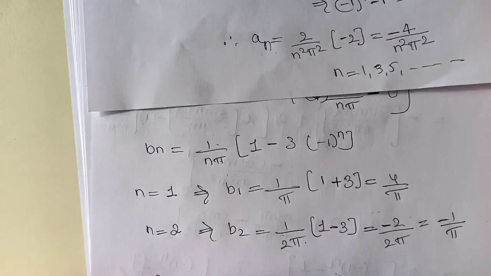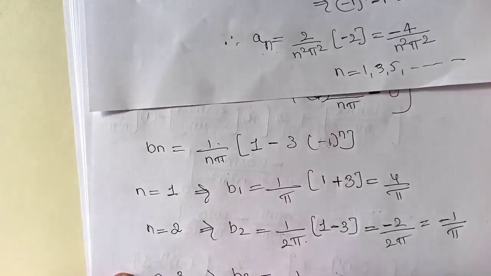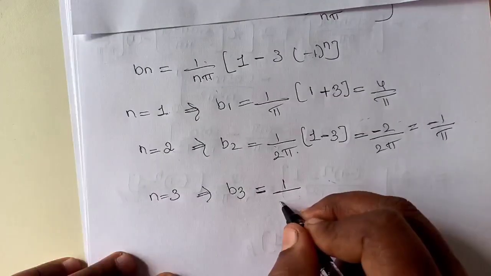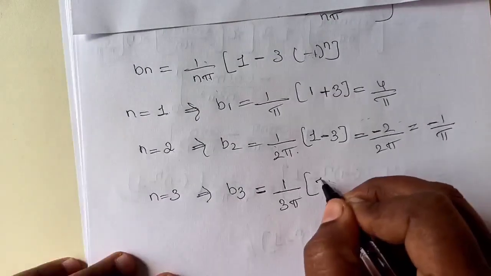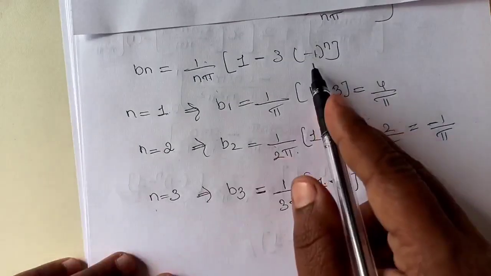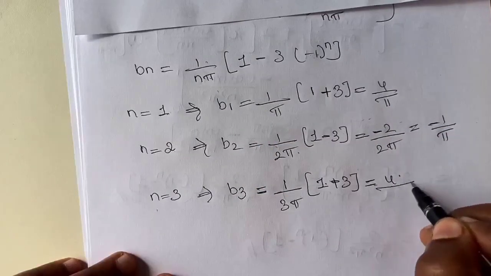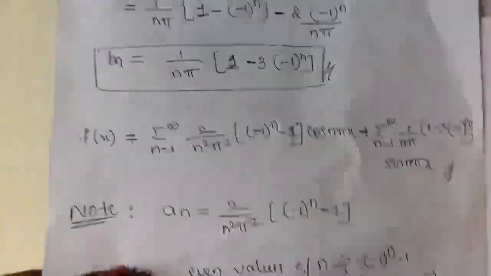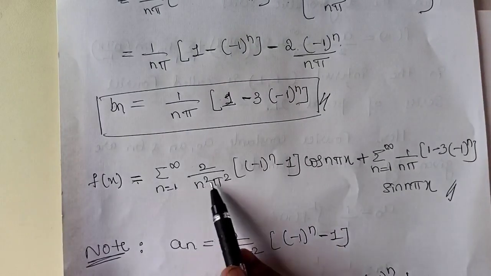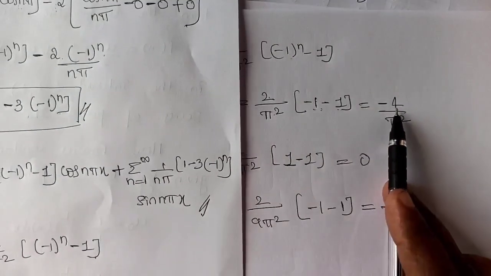For n equals 3, we will get B3. So we get 1 by 3 pi into 1 plus 3, because when n is odd it is minus 1, minus into minus is plus, 3, and we get 4 by 3 pi. So when n equals 1, an value, we got minus 4 by pi square.